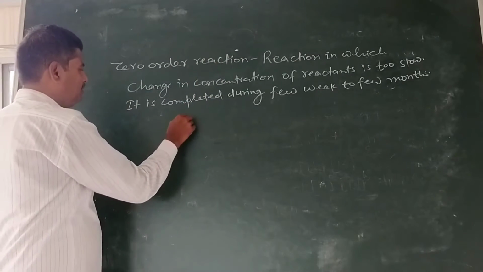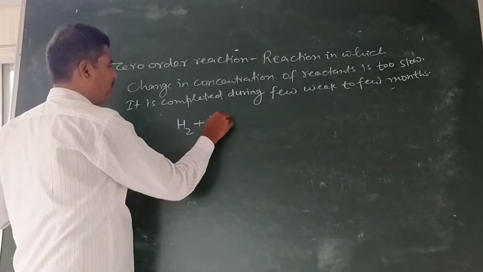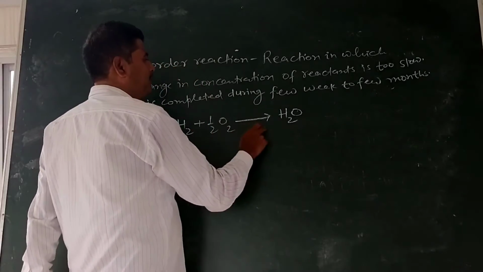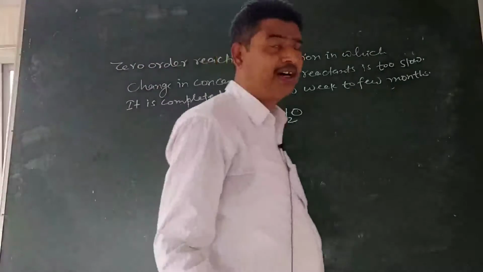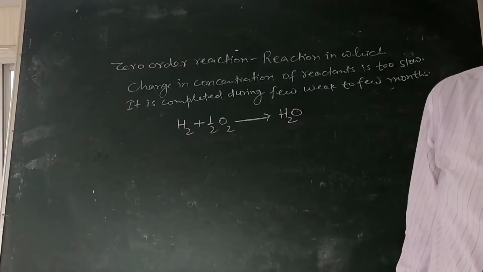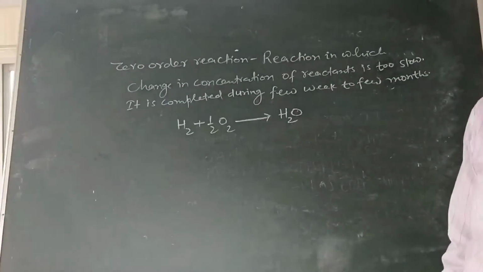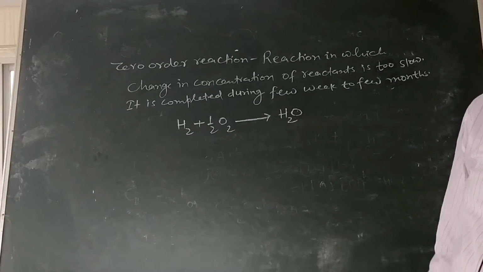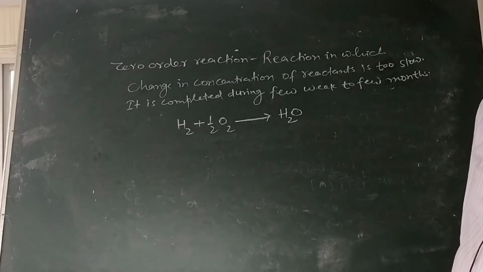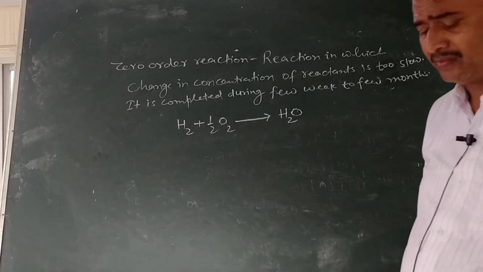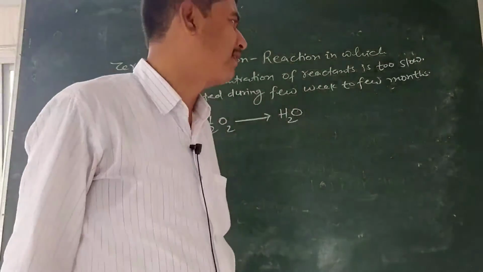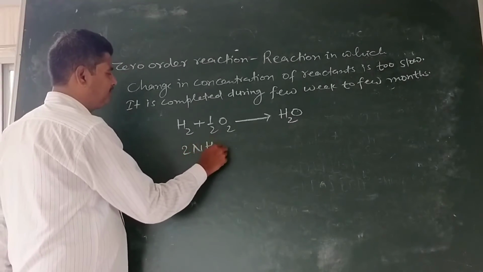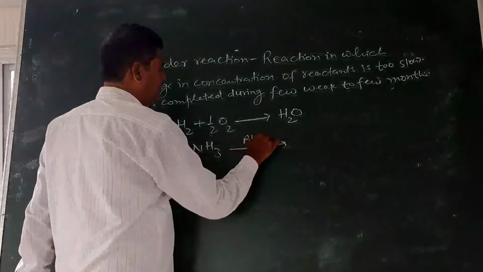For example, H2 plus half O2 gives H2O. It will take many years. Formation of vinegar from the juice of cane sugar. It will take many months. Next example, decomposition of ammonia at the surface of gold or platinum.